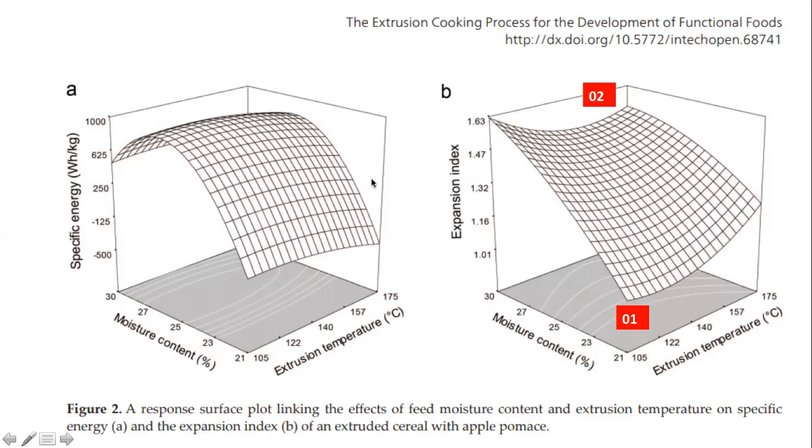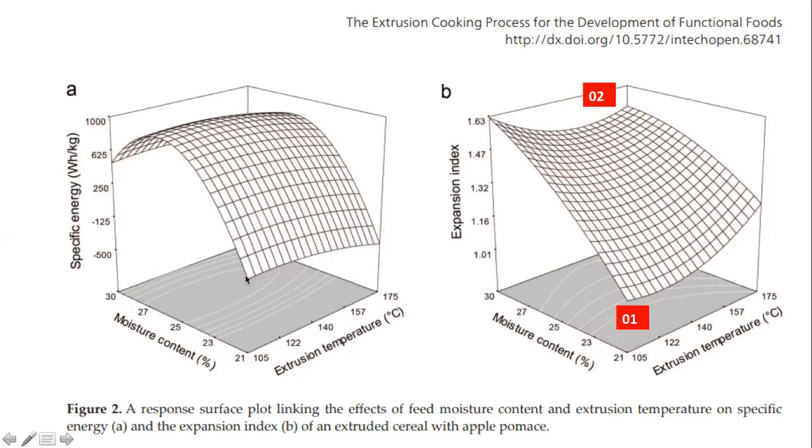By referring to this diagram, it is very easy to understand what happens when we increase the temperature. At this end the temperature is around 105 degrees Celsius, here 175, so the temperature has been increased from here to here. Then what happened to the specific energy?